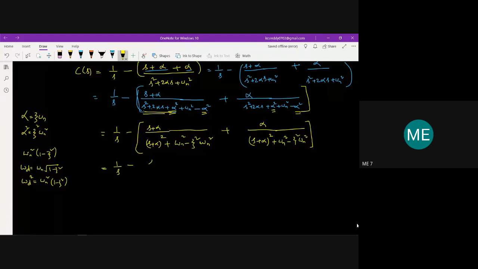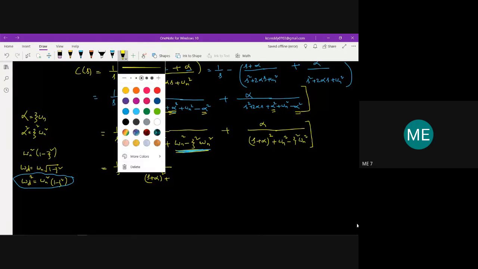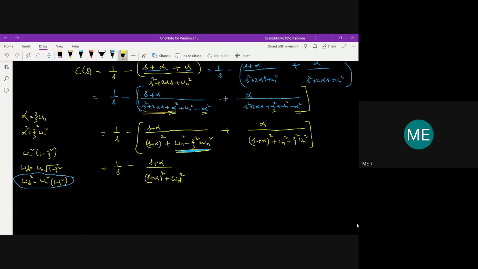So directly I can write here (s plus alpha) by (s plus alpha) whole square plus this whole term, which is nothing but this value. That is why I can use omega d square in this case. So omega d square, plus alpha by, similarly (s plus alpha) whole square plus omega d square. I can write like this, right?